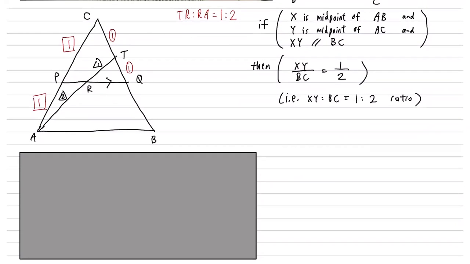Let's see. So first thing, we need to identify that these two triangles are similar, right? So that means that the ratio here to here, 1:2, right? 1 unit versus 1 plus 1, 2 units, will be exactly equal to here to there, CQ to CB, also ratio 1:2. Which means that right now what we have, after we have proven CPQ similar to CAB, is that we have a ratio here, 2 units.